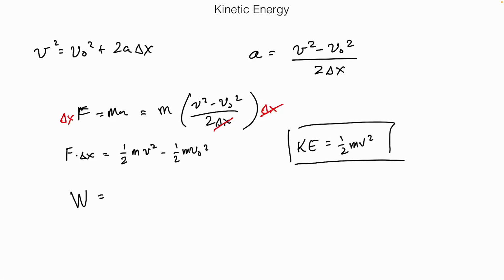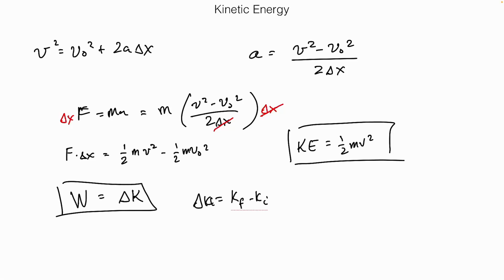Work and energy are related to each other. They have the same units. Work gets done, and that causes energy to change, which is why I can write this work as a change in kinetic energy here. This is a relationship that's true, where the change in kinetic energy is a final minus an initial value.